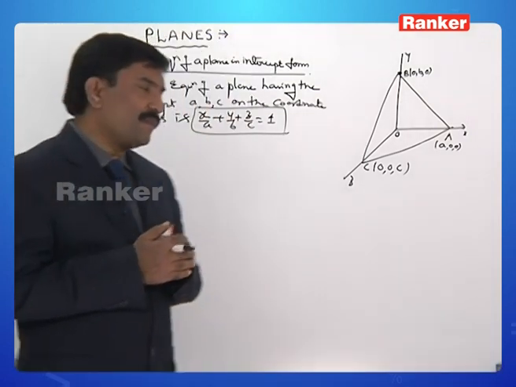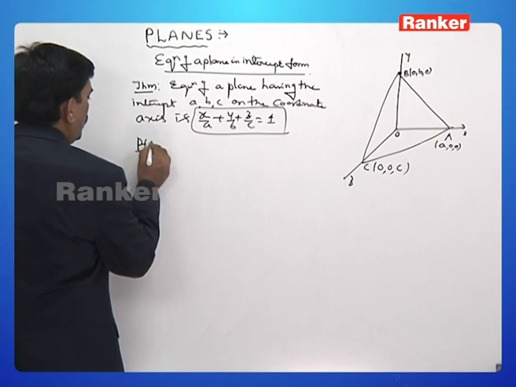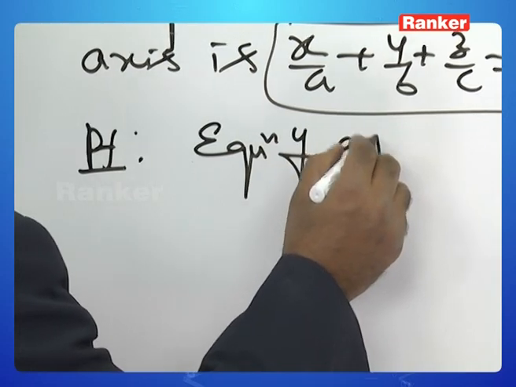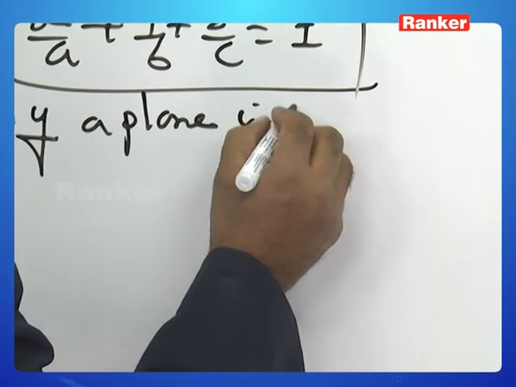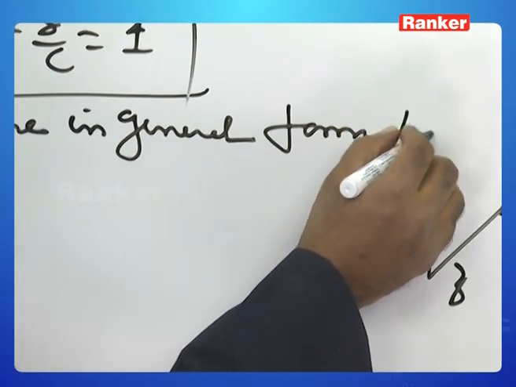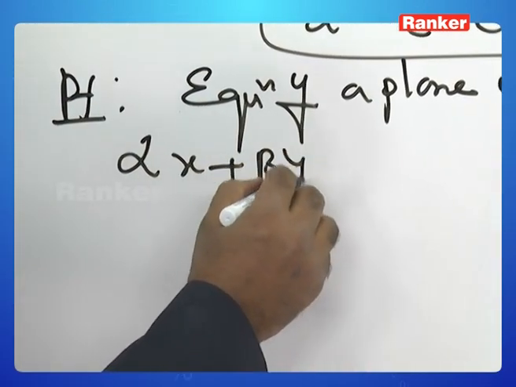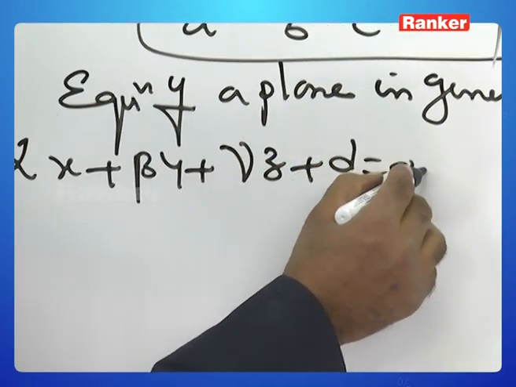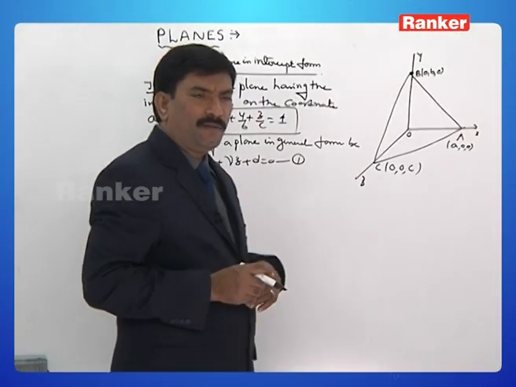Followed? So therefore, the proof of this one is very simple. Equation of a plane in general form: alpha x plus beta y plus gamma z plus d is equal to 0. Why, sir?